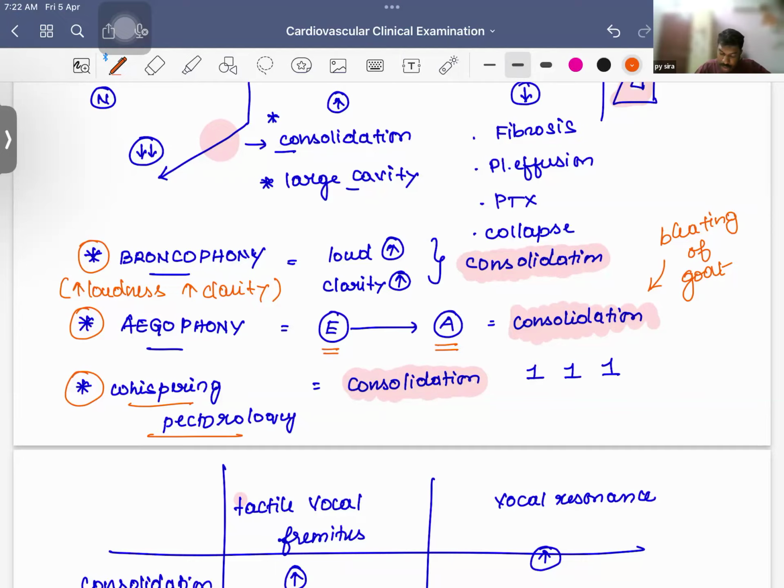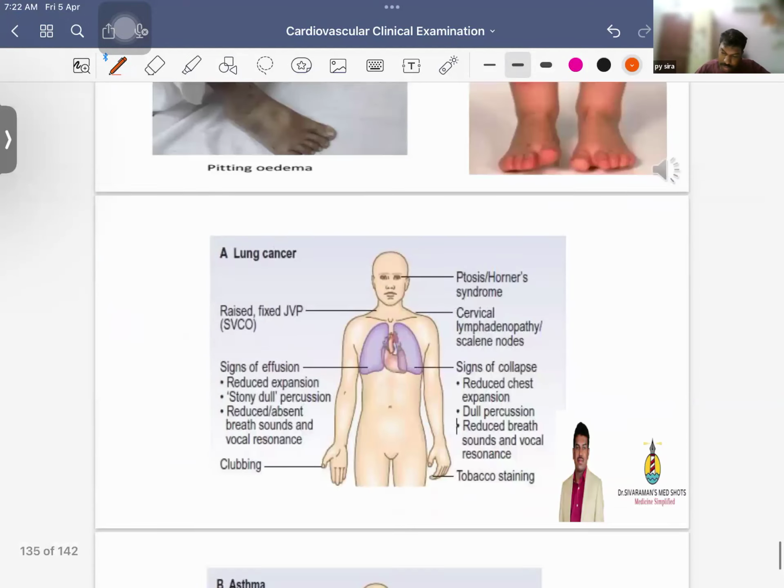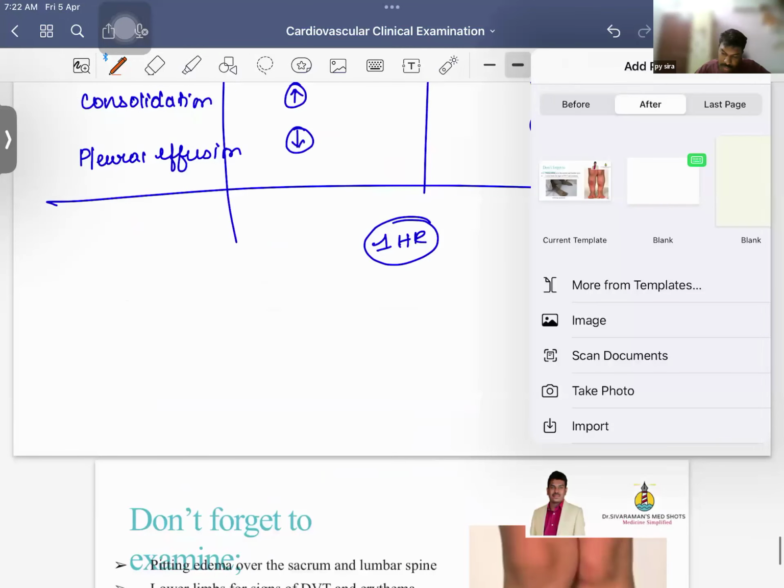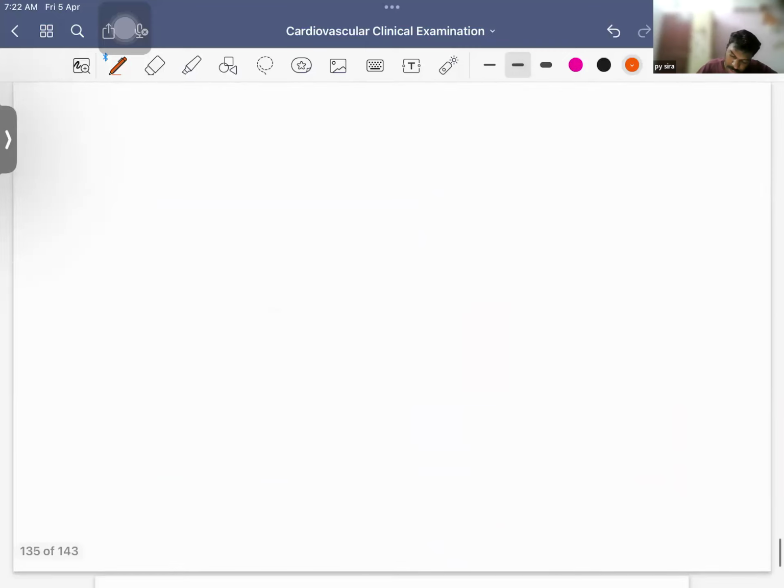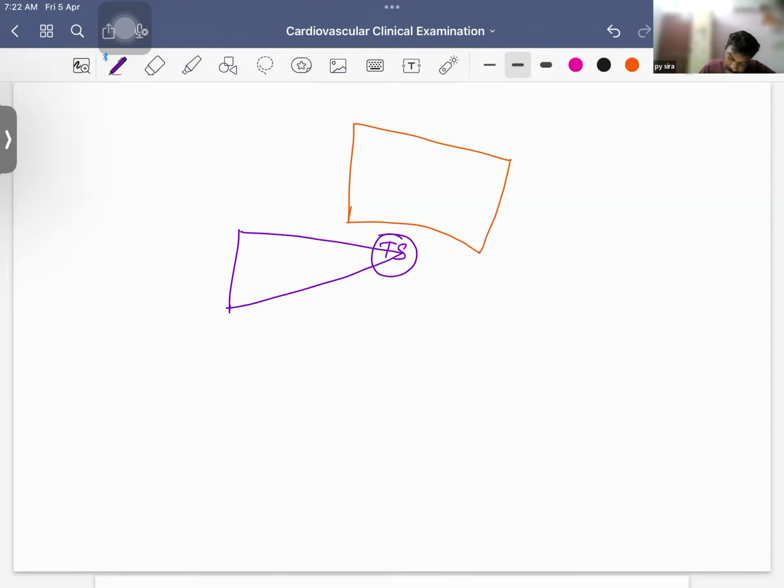Obliterated drop space. This is the drop space. Whenever your liver is enlarged, you are going to get dullness here.